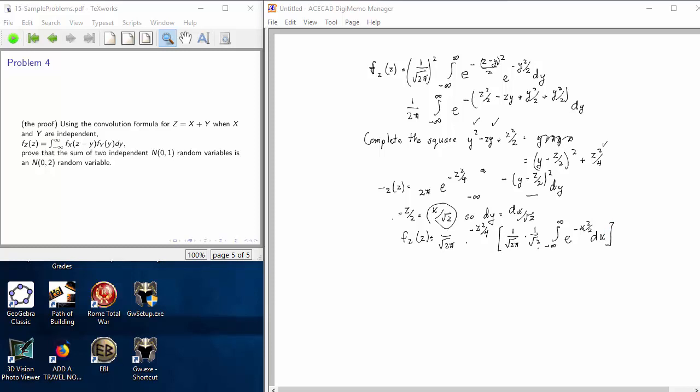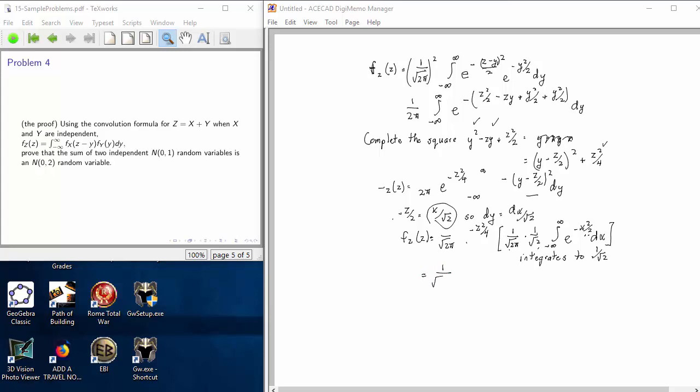Well, if I didn't have this 1 over root 2, this would be exactly 1. Because of that extra factor, I get 1 over the square root of 2, and there's my answer.